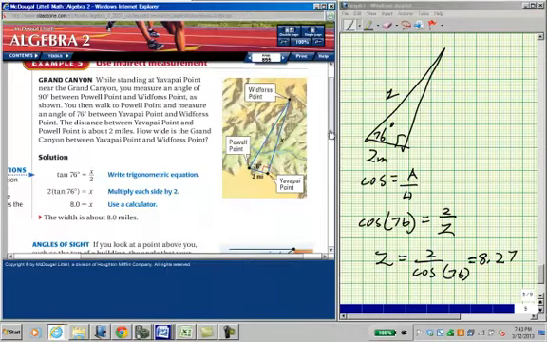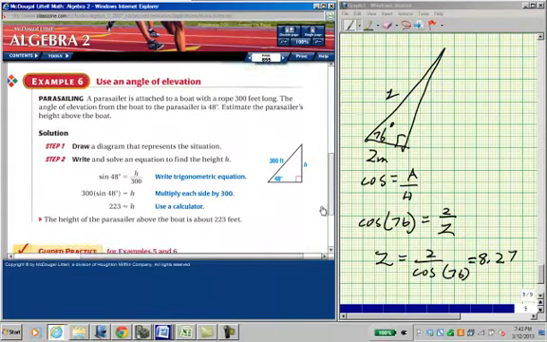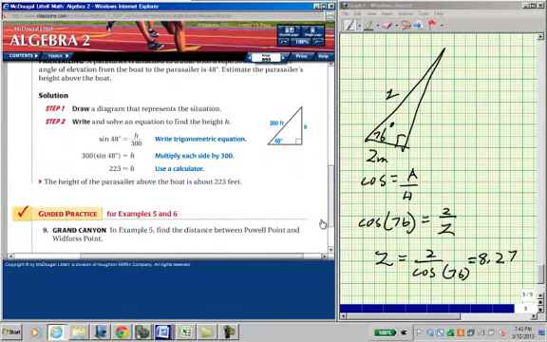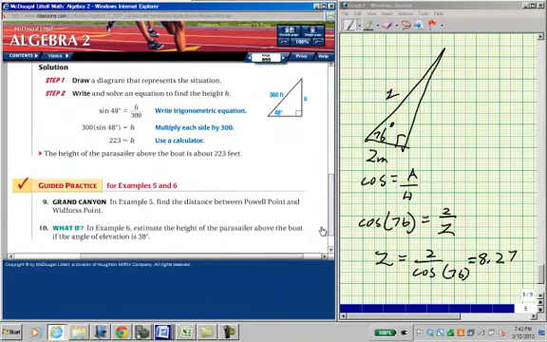Now, let's look at the other question here. Estimate the height of the parasailer above the boat if the angle of elevation is 38 degrees.